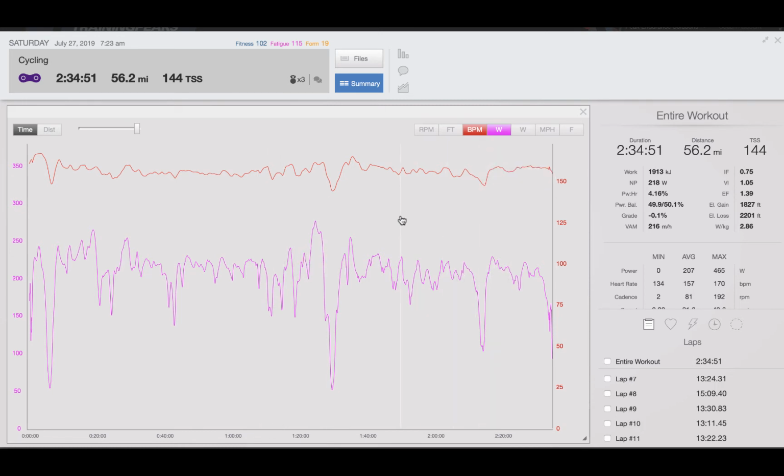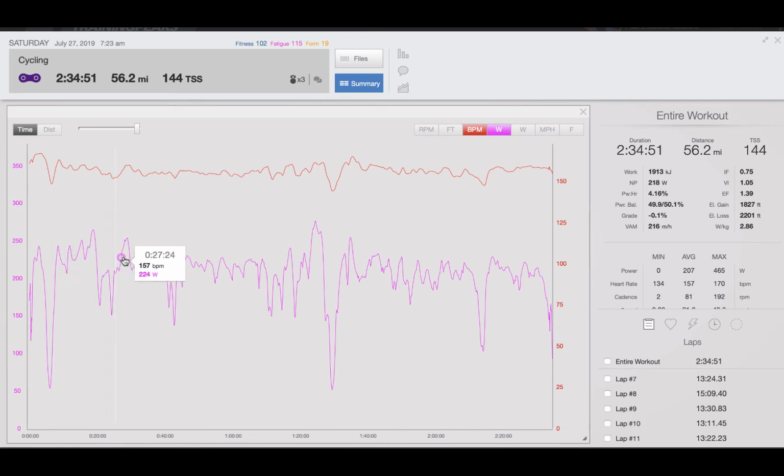So just looking at this, without even looking at a metric, which I'm going to show you next, specific to TrainingPeaks, with just eyeballing the graph, what you're looking at when you're doing aerobic sessions, in order to tell if someone's aerobic fitness is well developed at that specific power output or pace, you just need to look at what their heart rate is doing.